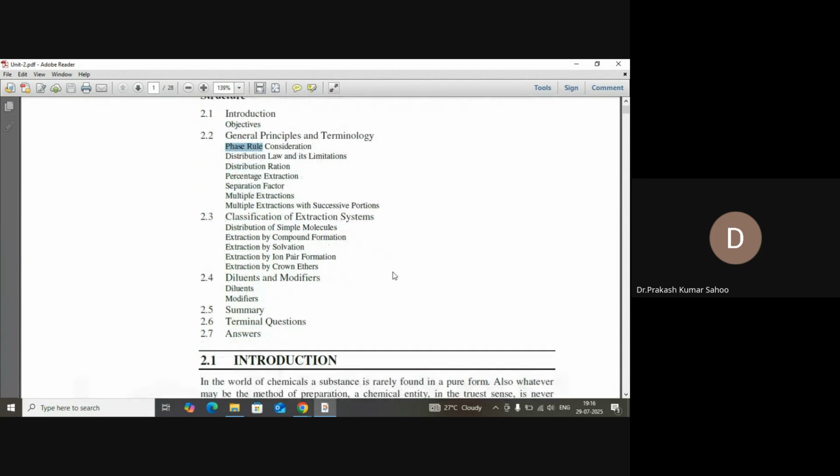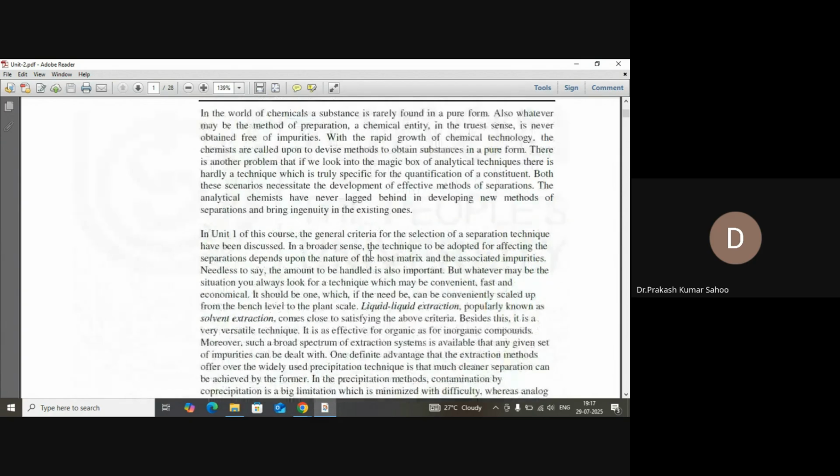Then we have different extraction methods for different systems, like simple molecules, compound formation, solvation, ion pair formation, and crown ether. Crown ethers are ethers which just look like a crown. Then diluents and modifiers, etc.